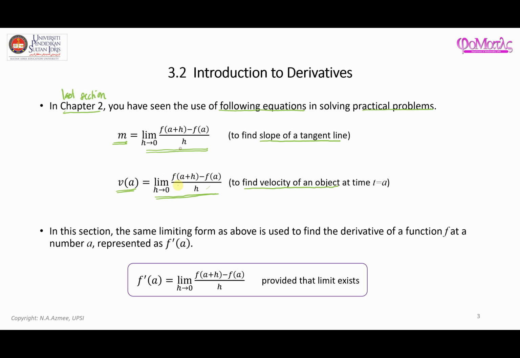And you will see that these two similar expressions given here are also seen in this chapter, in this video, which is given by this one. And this is used to find the derivative of a function f at a number a, and that is represented by f prime a.